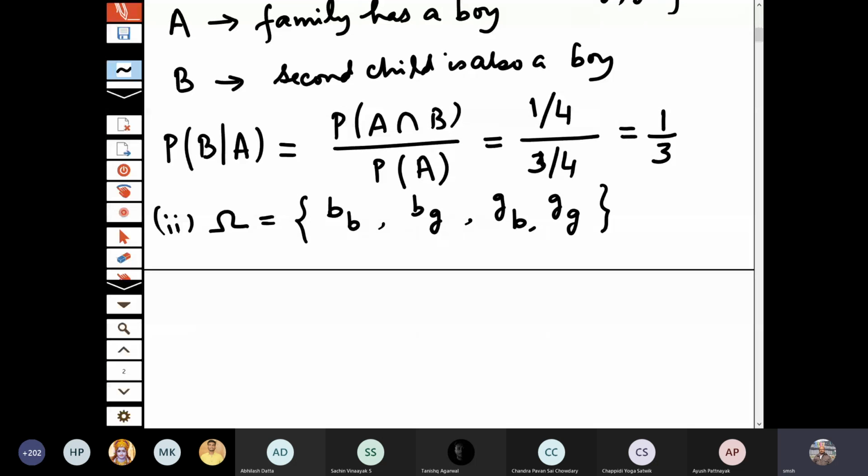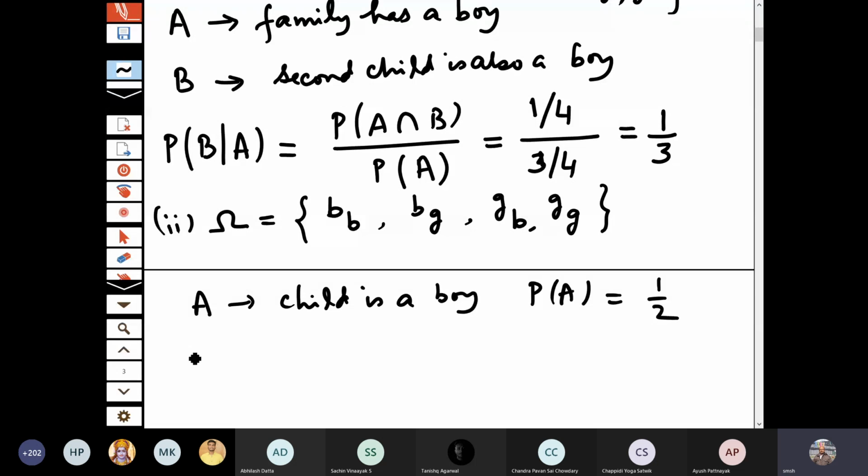So now let us look at event A: the child is a boy. What is the probability of A? That will become half. And B is the event that the child has a brother. So what is the probability of A intersection B?